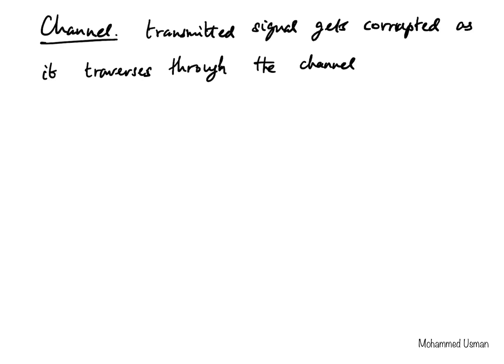So one of the most common types of distortion that happens on the channel is because of noise. So one source of corruption of the signal is noise, and the noise is typically random in nature.